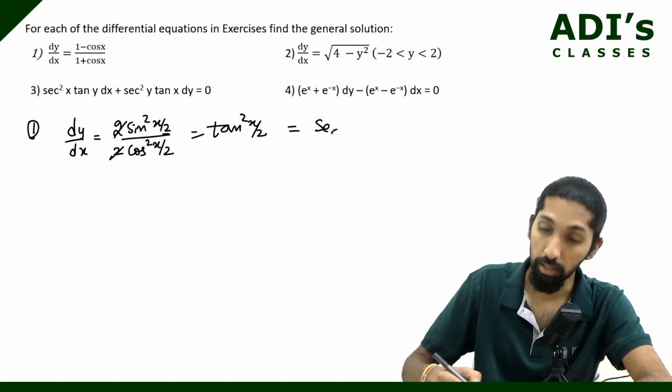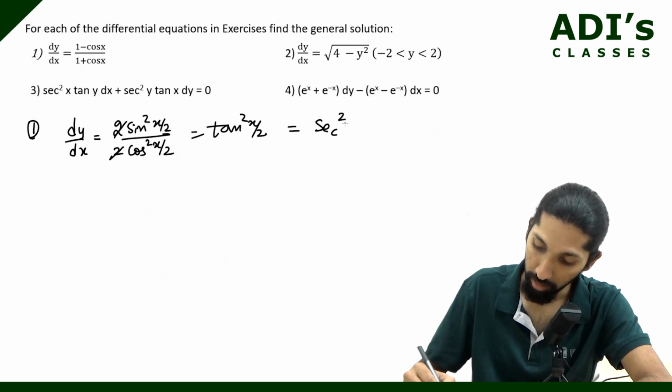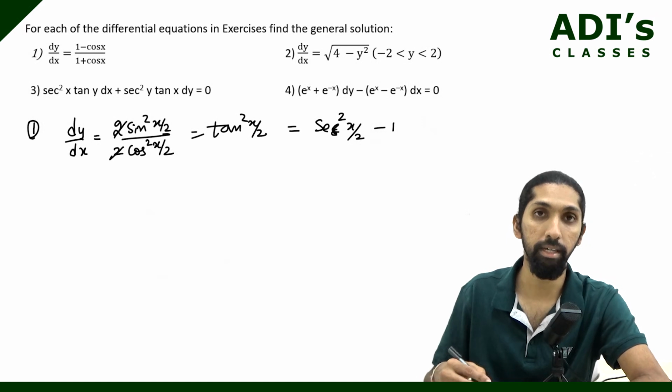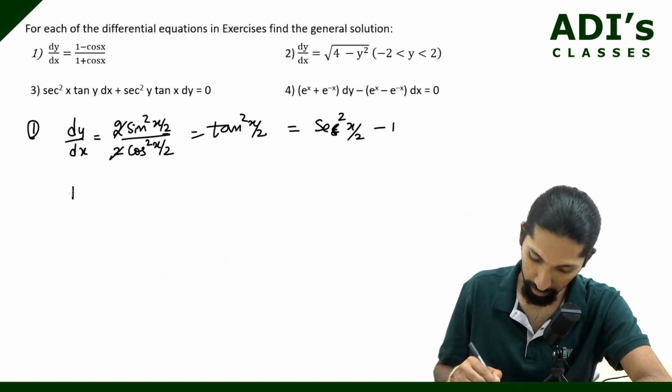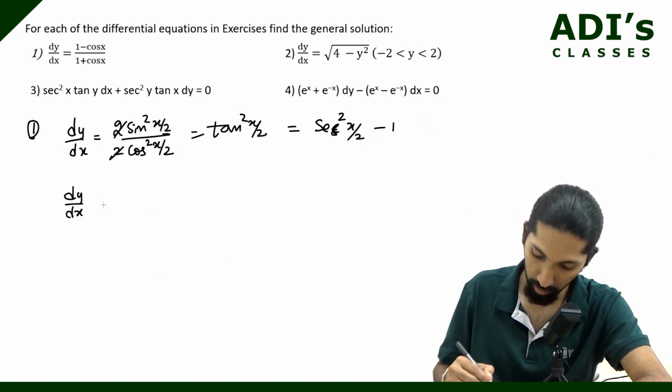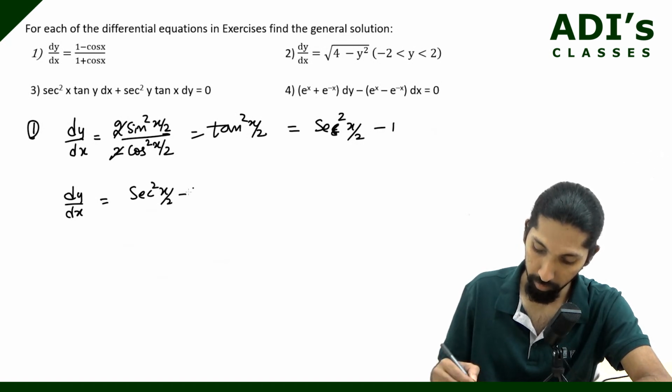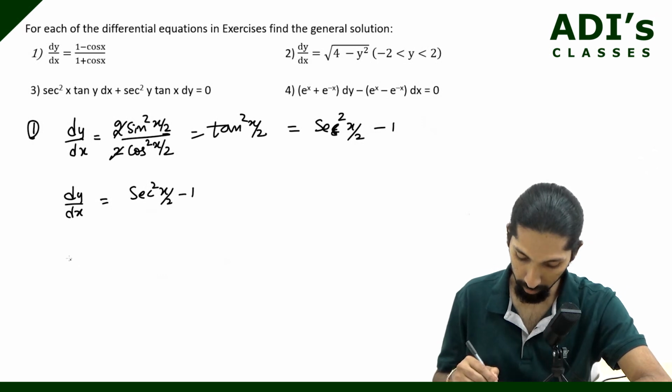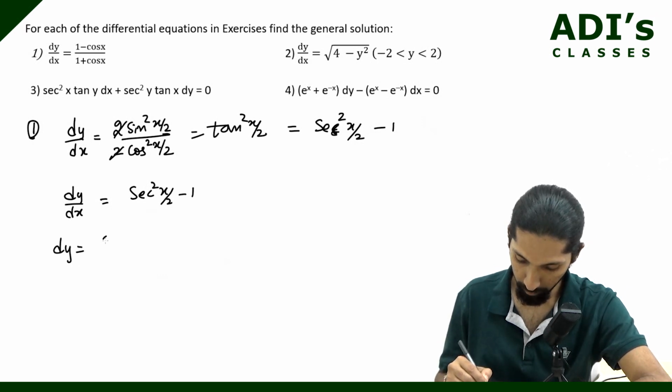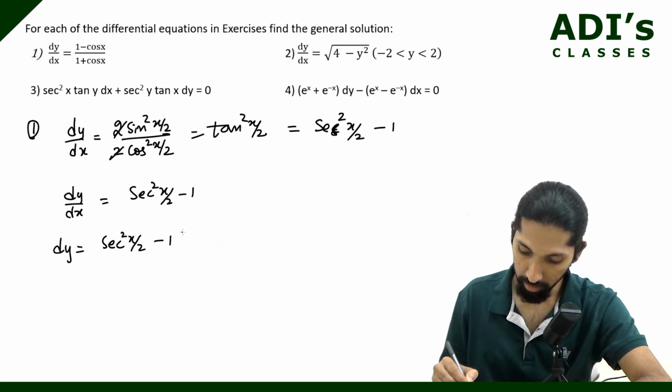So, this becomes secant square x by 2 minus 1, right? So, dy by dx is equal to secant square x by 2 minus 1, or dy is equal to secant square x by 2 minus 1 into dx.